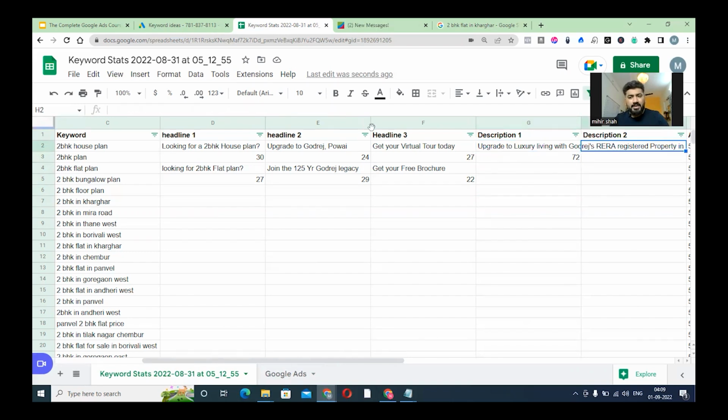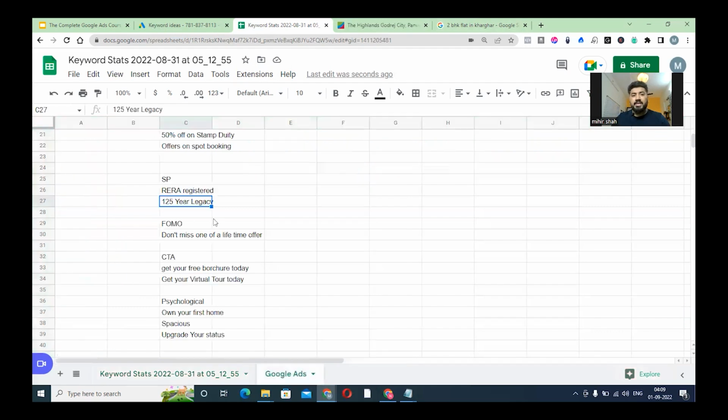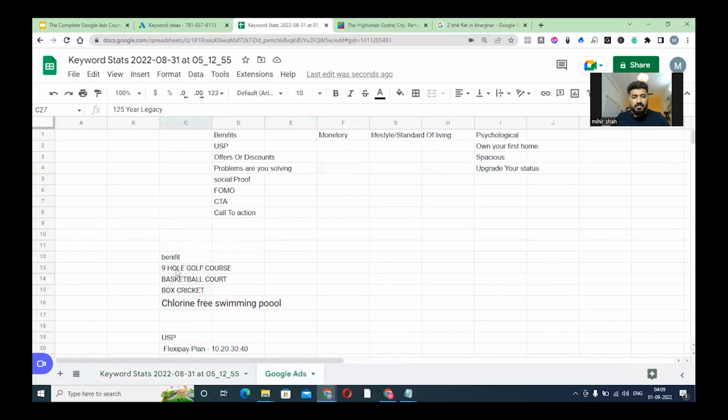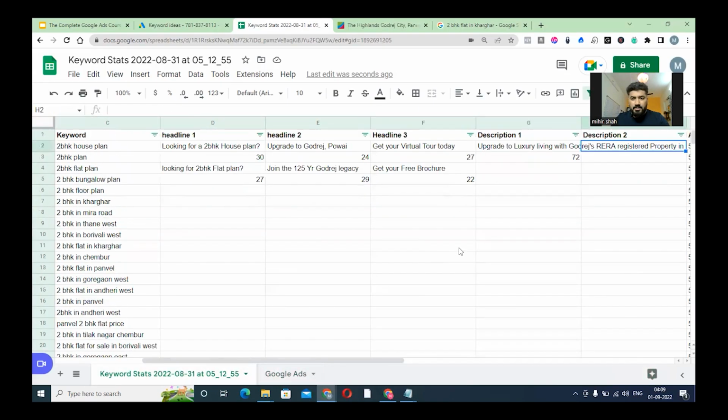Similarly, write the second headline. Dedicate the second description, and dedicate this entire section, to all the benefits you can give. Now, because he's reading it, the second line as well. So here, okay, coming back here.